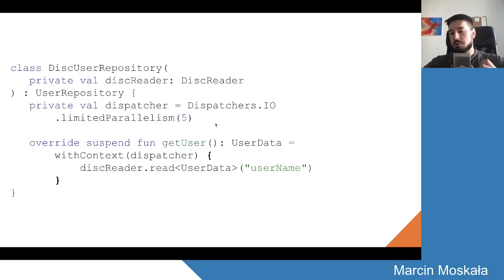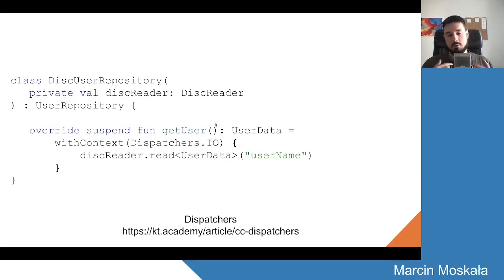I will just add in here that threads in those dispatchers are really well managed. They are shared between dispatchers, I mean, not all, but Dispatchers.IO, Dispatchers.Default and the most essential dispatchers share those threads, they reuse them, they create them on demand, and the thread management is really smart and powerful.